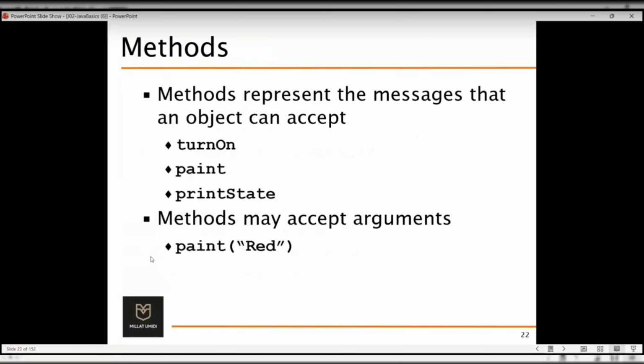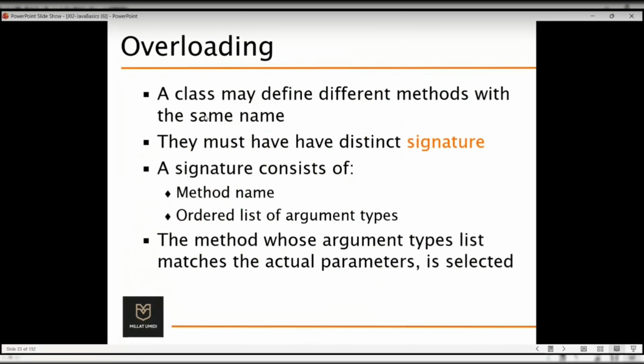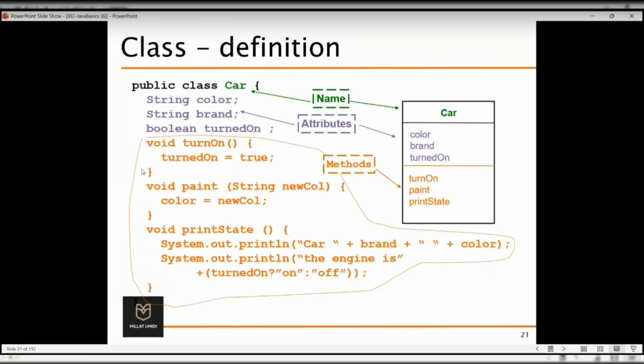So here, if you remember, we had the paint method, and it was taking one parameter, right? New color. And we were setting the color to the new color. And overloading: a class may define different methods with the same name. Like in overloading, in our class here, we could have the paint method one more time, but with different parameters.